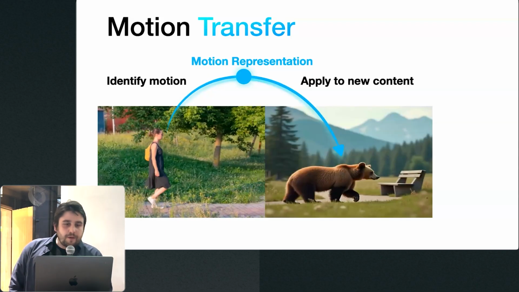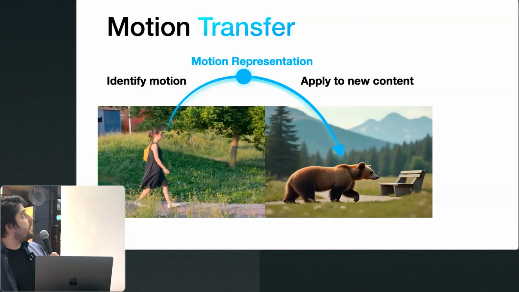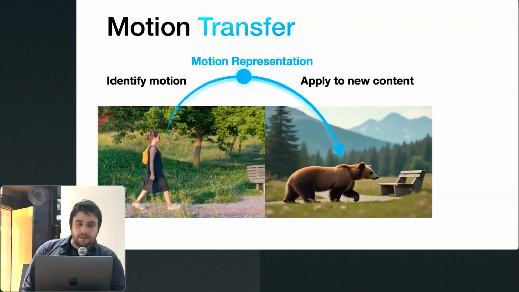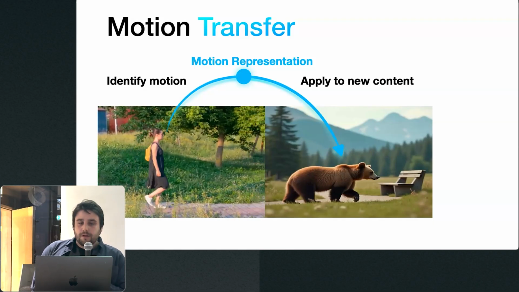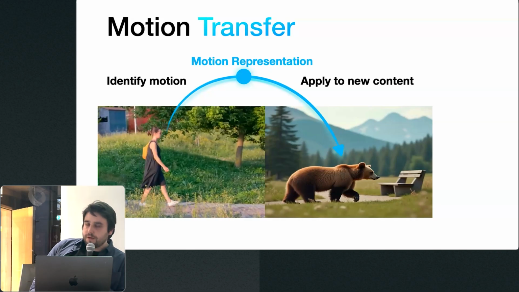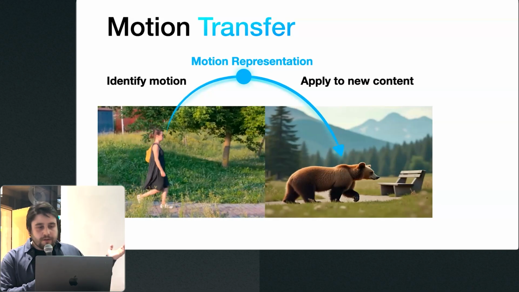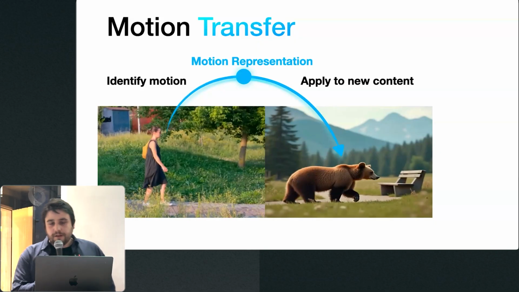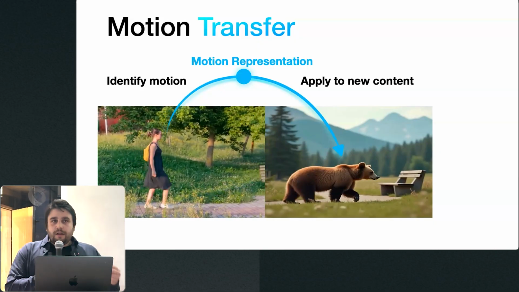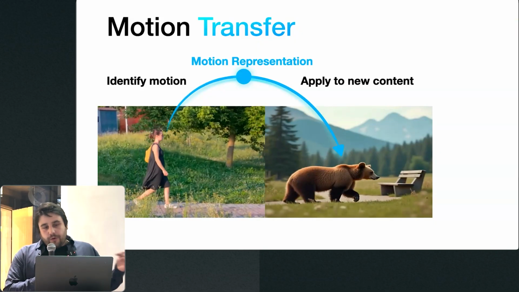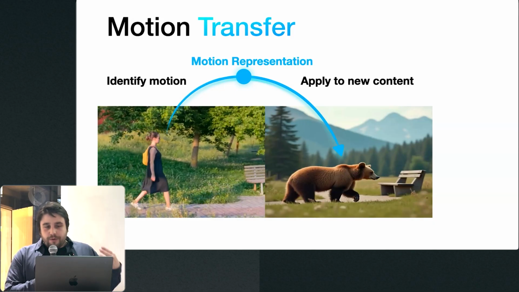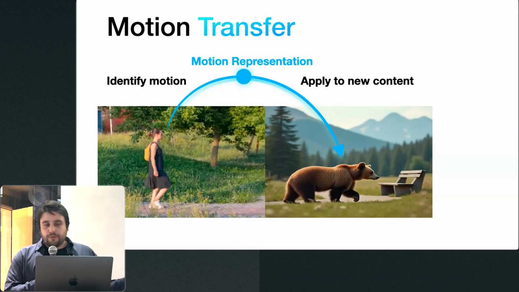The next step then, of course, is to apply it to some new content. This can be in different forms. This usually is in form of a text prompt or as in this case, a static image. And what you essentially want is to marry these two counterparts together.